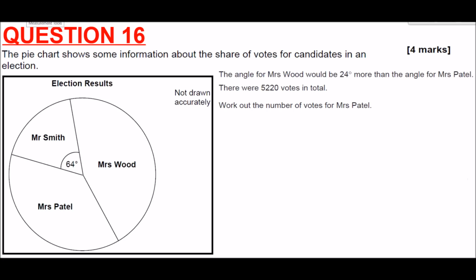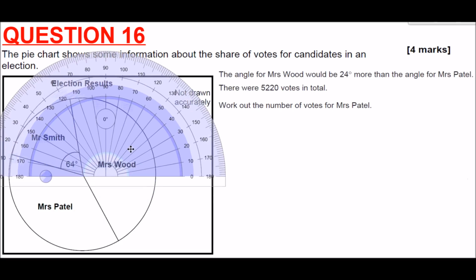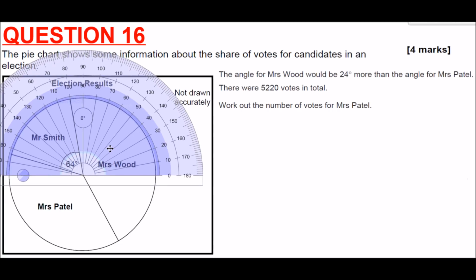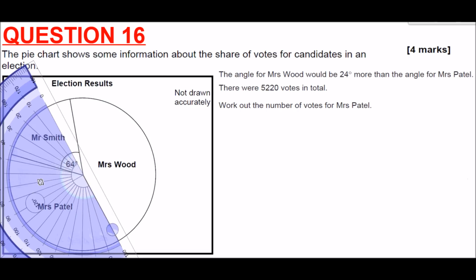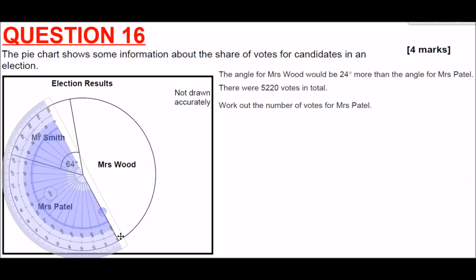And so if you were to get a protractor and actually measure the angle for Mrs. Patel, put the centerpiece of the protractor over where the angles converge, and measure from 0, 10, 20, 30, 40, 50, 60, 70, 80, 90, 100, 110, 120, 130-ish.